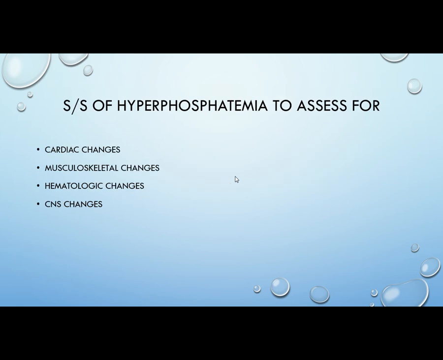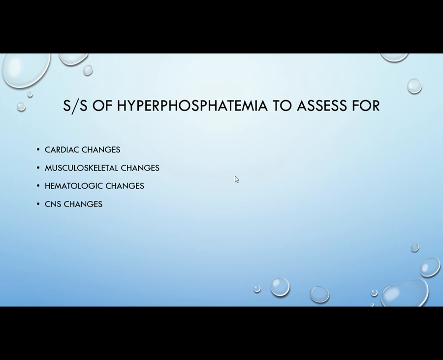Signs and symptoms of hyperphosphatemia. You're going to look for cardiac changes, musculoskeletal changes, hematologic changes, and central nervous system changes. Cardiac is going to demonstrate weak contractility. They're going to have decreased stroke volume and a decreased cardiac output.